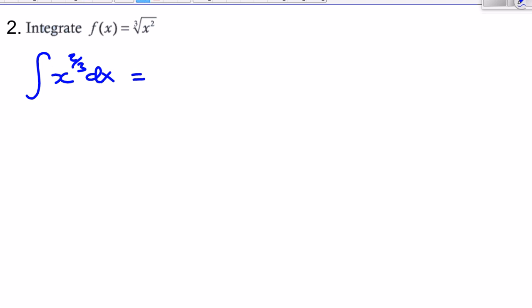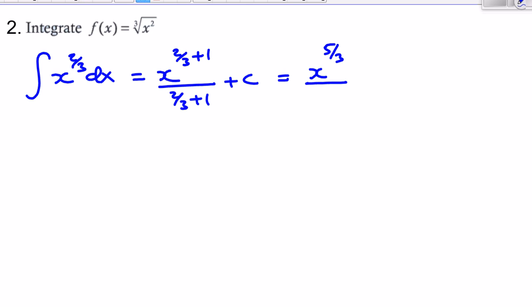This will be equal to x to the power 2 over 3 plus 1 over 2 over 3 plus 1 plus c, which will give us x to the power of 5 over 3 over 5 over 3 plus c. And you can finish this off by rewriting this denominator to 3 over 5 x to the power 5 over 3 plus c.